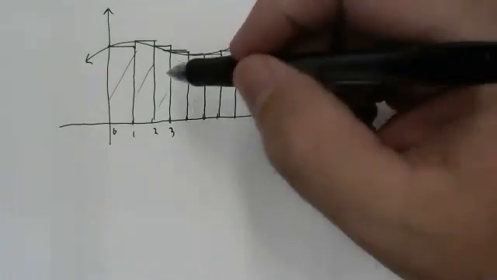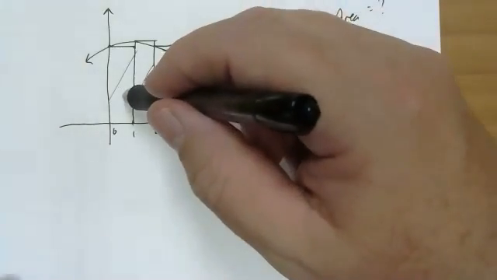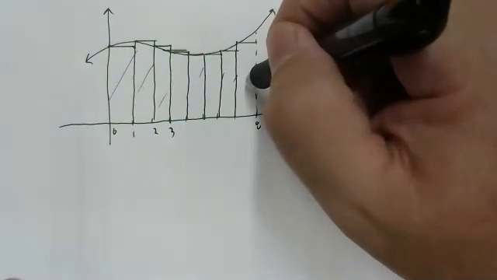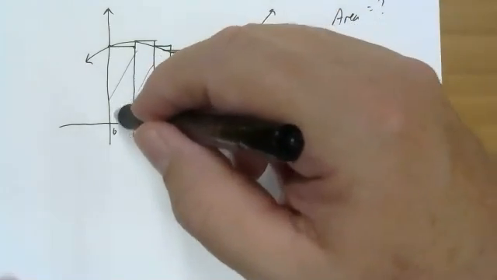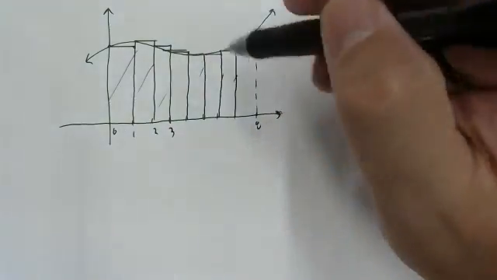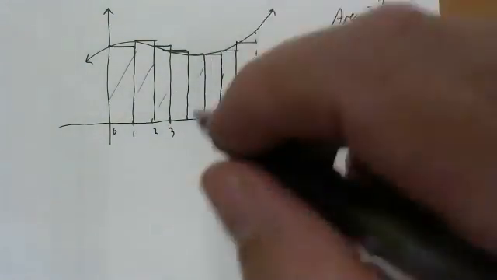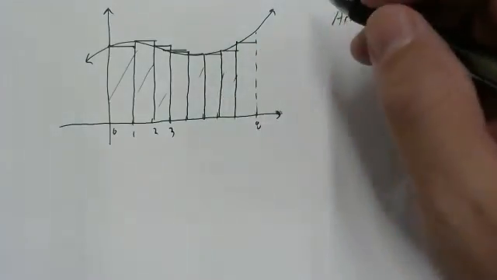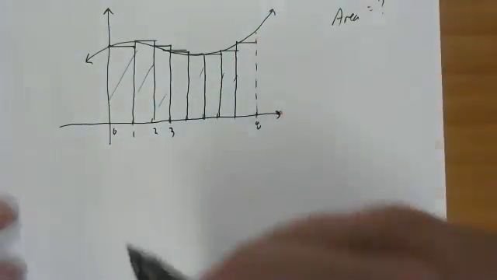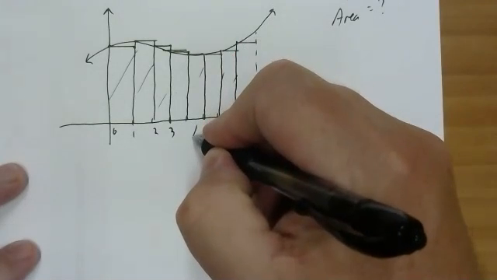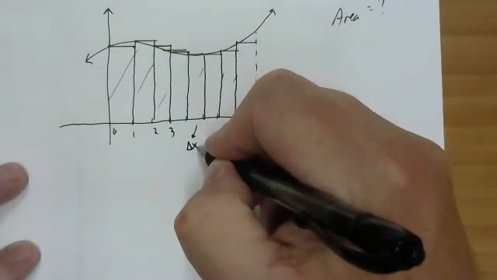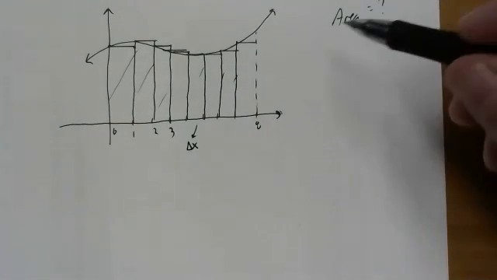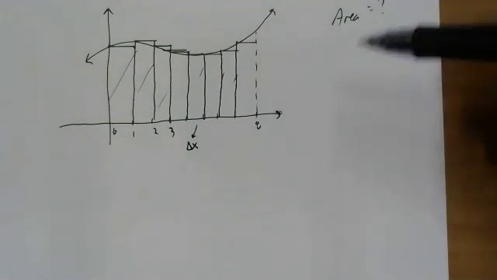So I've basically broken this up into 8 rectangles: 1, 2, 3, 4, 5, 6, 7, 8. Now these rectangles are all the same width. In this case, it's 1, but normally when we do calculus, we would just call that delta x. It isn't always a width of 1, it could be anything.